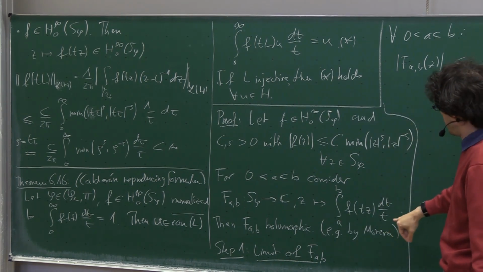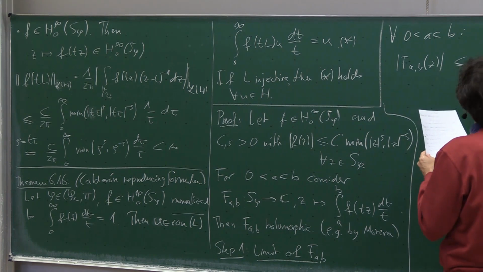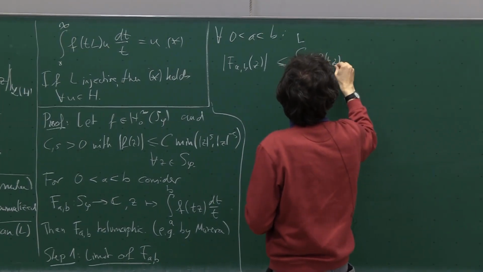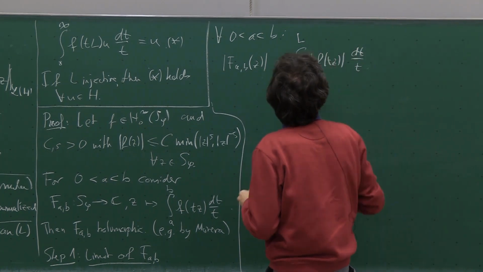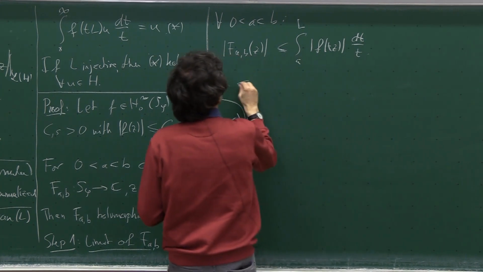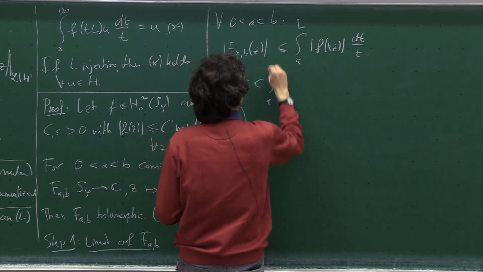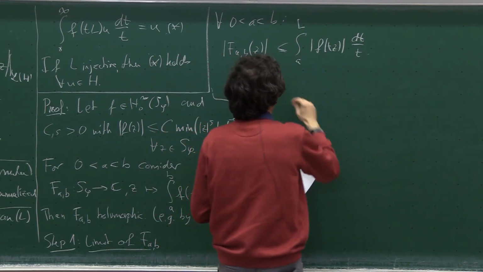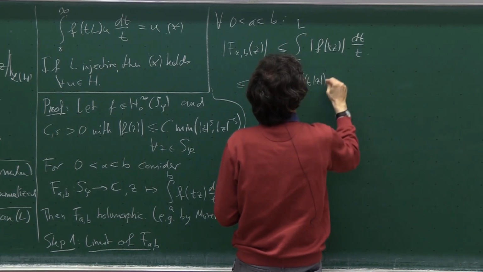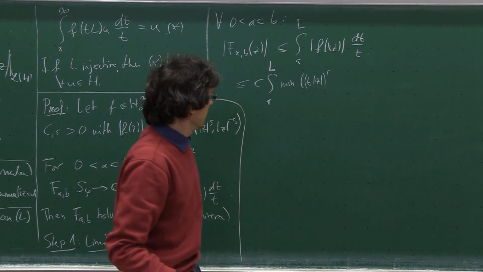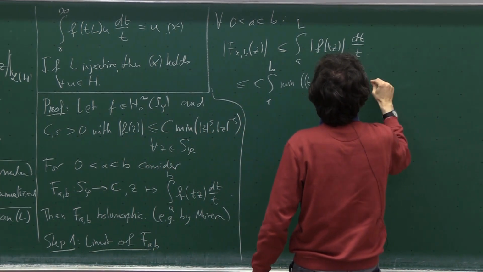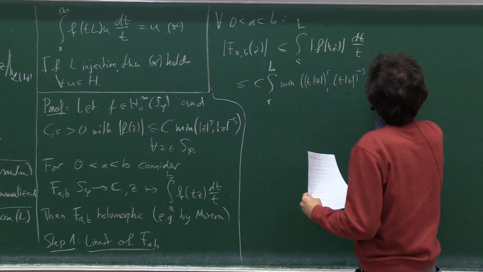We plug in the definition, put the absolute value inside the integral. This gives you the modulus of f of tz, dt over t. Then we can apply our estimate here. So this is less or equal some constant C times the integral from a to b of the minimum of t times modulus of z to the s, and t times modulus of z to the minus s, dt over t.